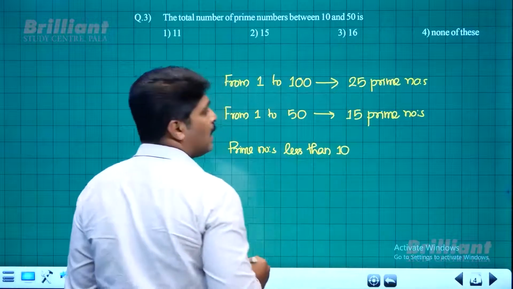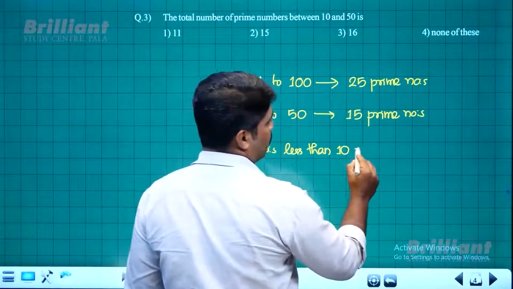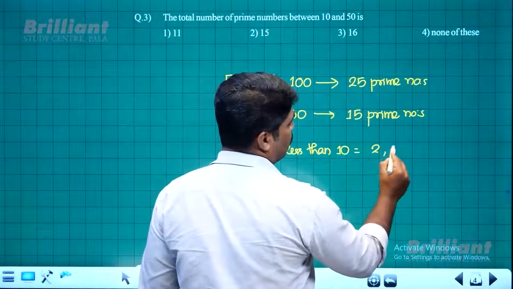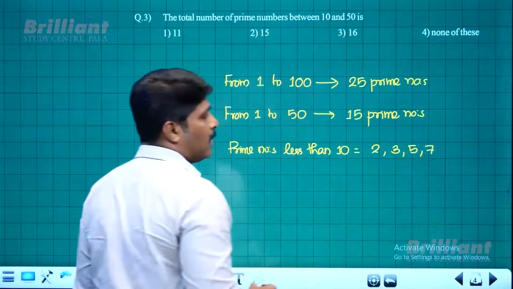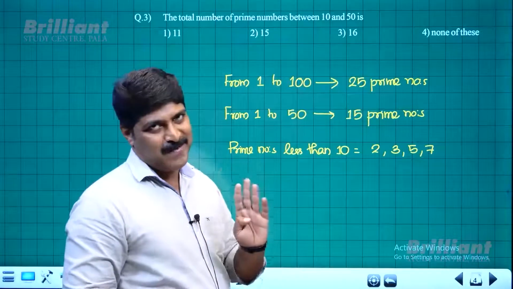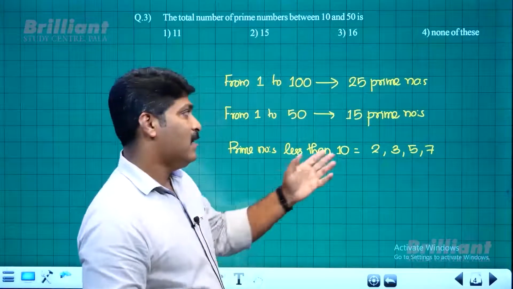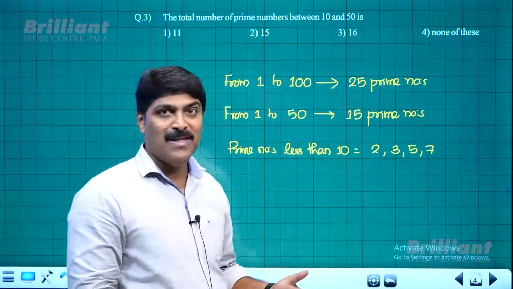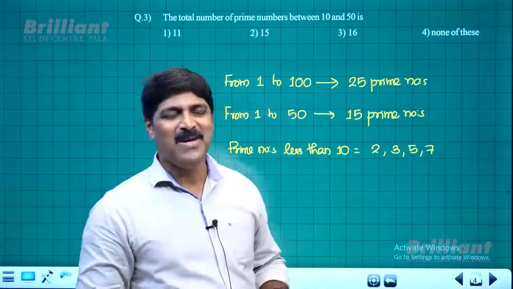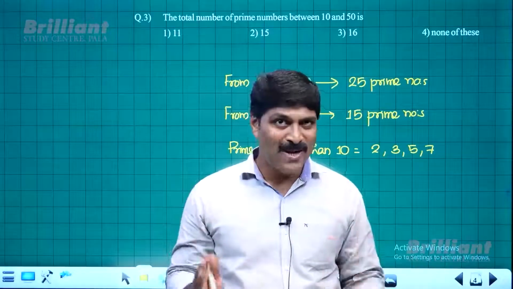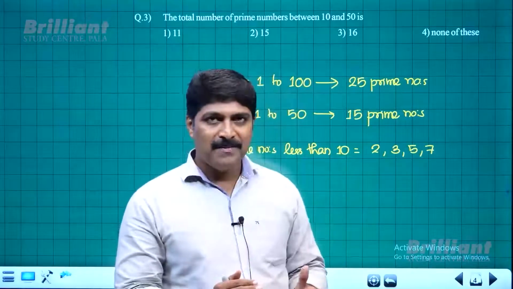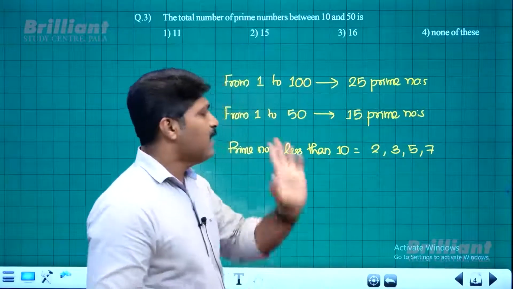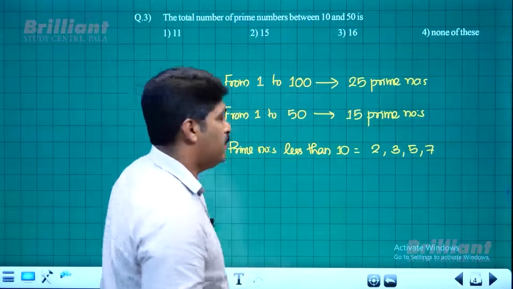Those are single digit prime numbers: 2, 3, 5 and 7. There are 4 such prime numbers, and 2 is an important prime number. 2 is the only even prime number, as all the other prime numbers are odd. Got it? And 2 is the least prime number. So here we have 4 such prime numbers.